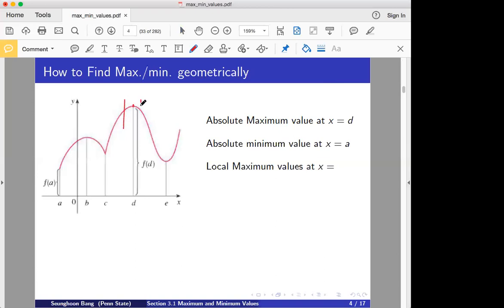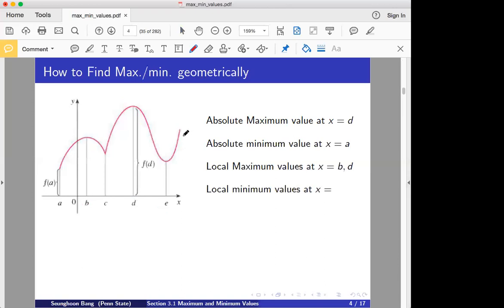You can cut it like this and only think about this portion. So this point is the locally highest point, a local maximum. Same here, cut like this, locally highest point. So we have d and b. What about e? No. So that's it. This is b and d.